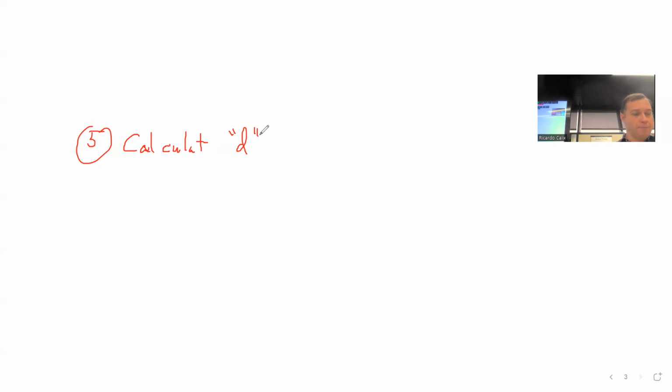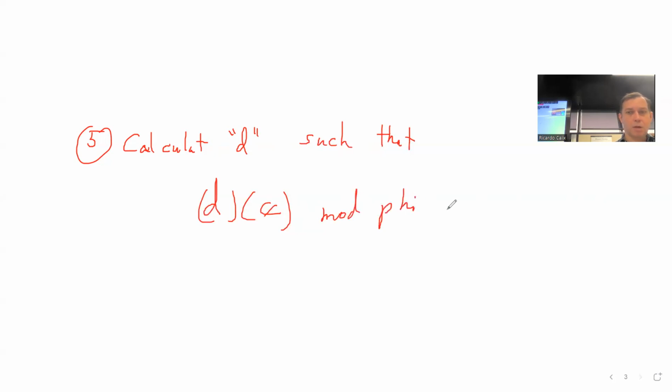So this one, calculate D such that, and then we're going to have a formula here, which is going to be D times E mod phi equal 1. Okay, that's it.